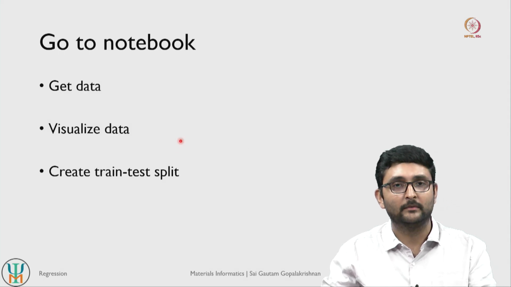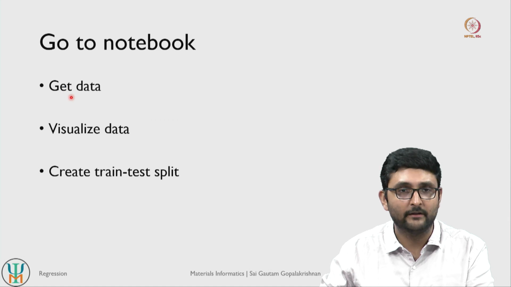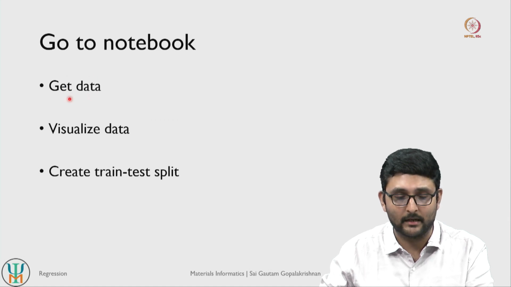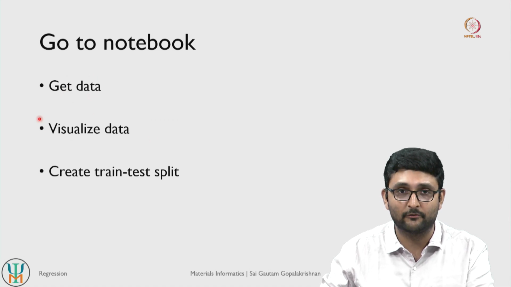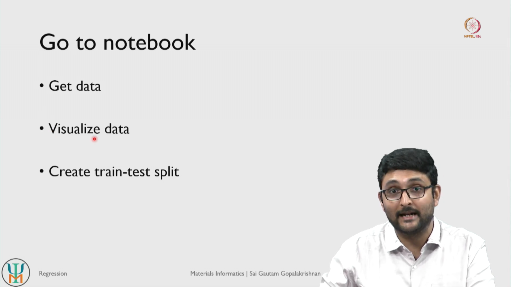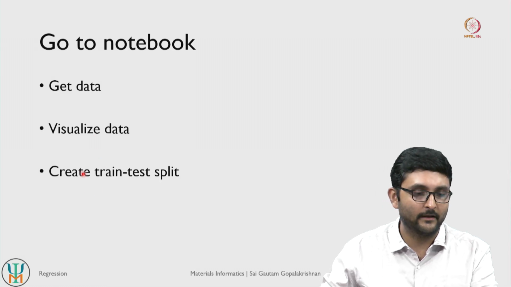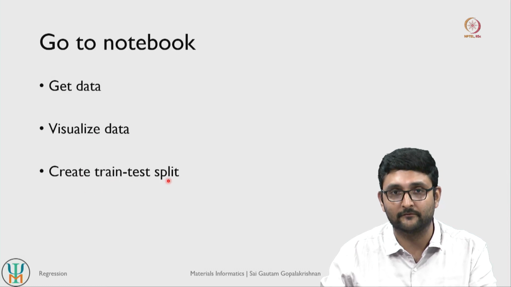Okay. So let us now go to the notebook, go to our Jupyter notebook here. We will first get the data, right, and then we will visualize the data, so see how the data looks like, what kinds of features it has, right, and then we will try to create a train test split of the data, right.